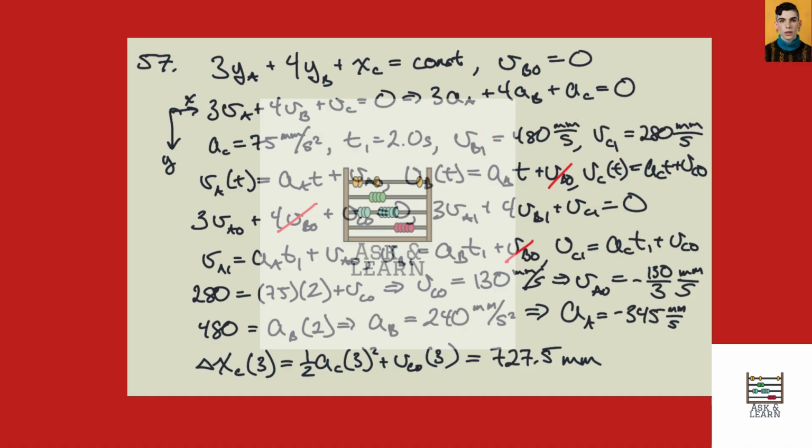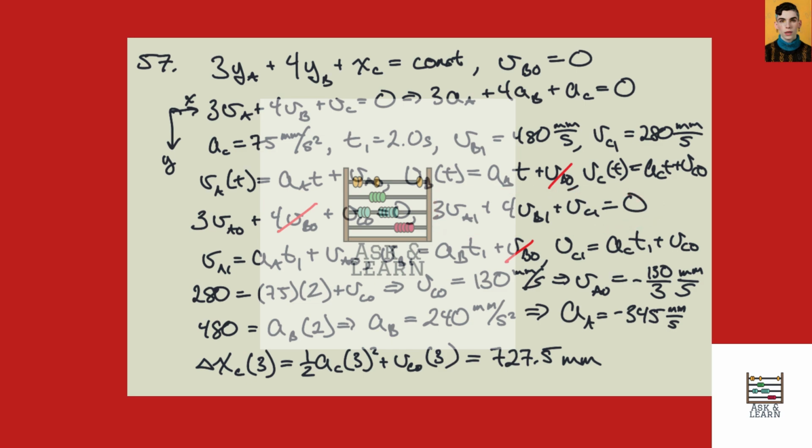Now we know that VA at any time is the acceleration of A times t plus the velocity of A at t equals 0, and likewise for the velocity of B and for the velocity of C. Now we know that from the constraint equation up here at t equals 0 and also at t equals T1, we have these two equations.